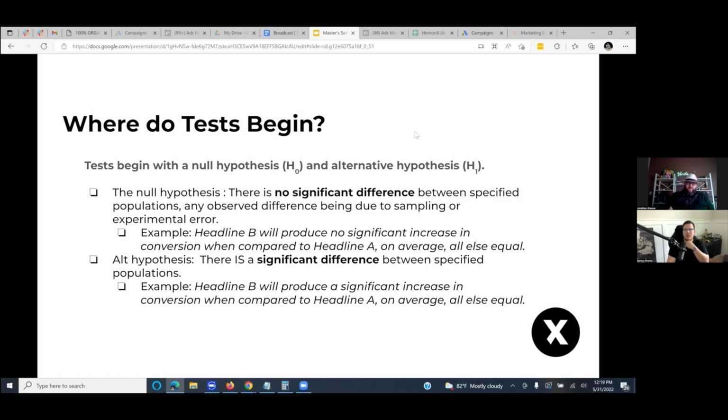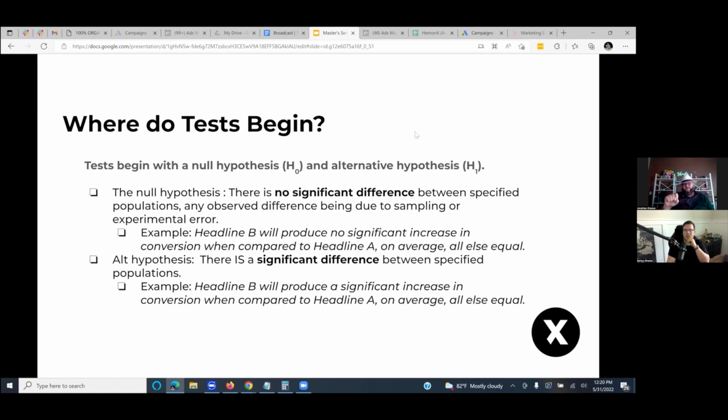The alternative hypothesis, or hypothesis 1, is that there is a significant difference between specified populations. So for example, headline B will produce a significant increase in conversion when compared with headline A on average, all else equal, which I think is an articulation of hypothesis that you're all very familiar with.